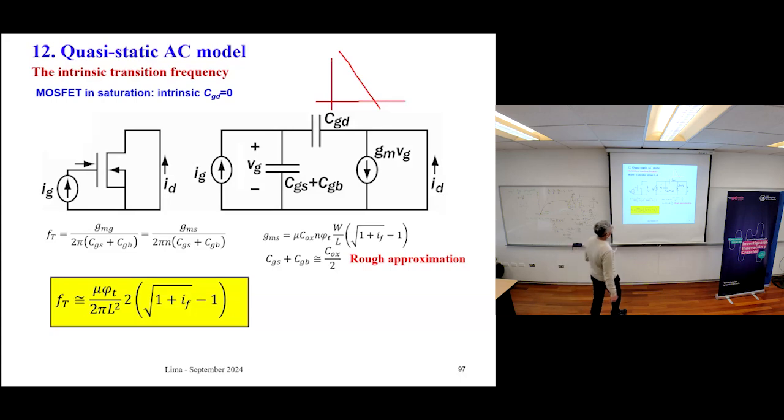Then you have what we call the unit gain frequency. In fact, the frequency response of this circuit is something like this. ID over IG.